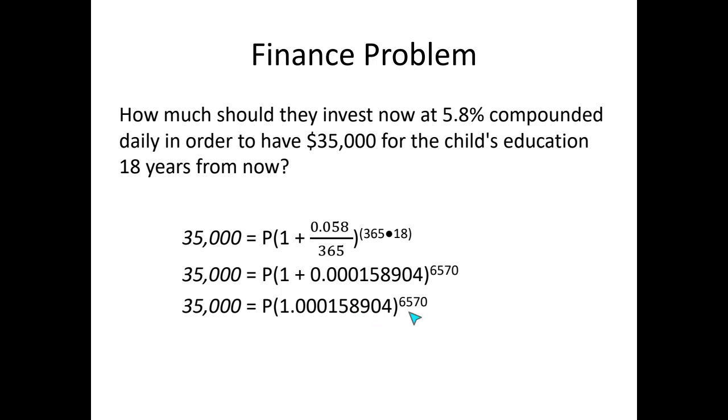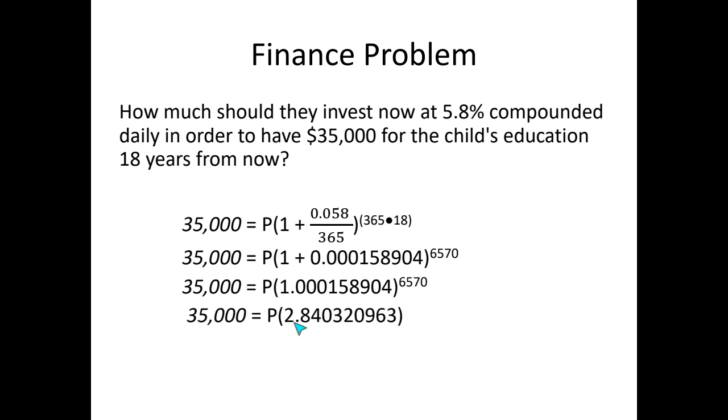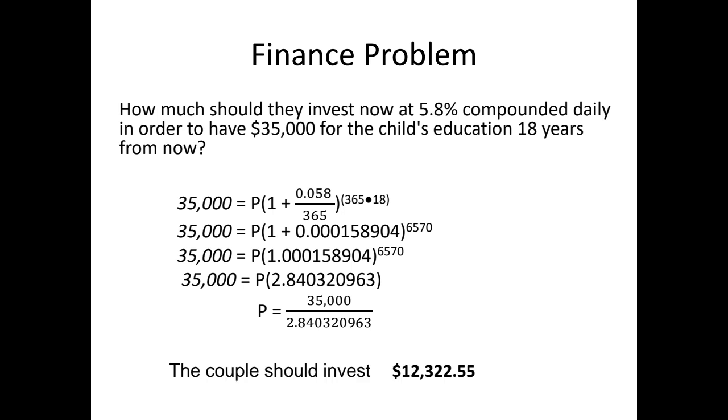Then we're going to raise it to the power of 6,570. And I get 2.84 and so on. And now I'm going to divide by that number so that I can solve for P. And so the couple should invest $12,322 to get back 35,000.